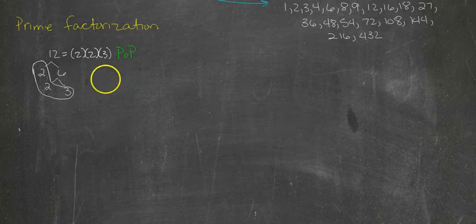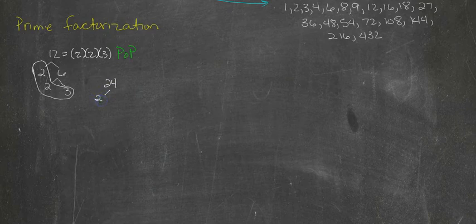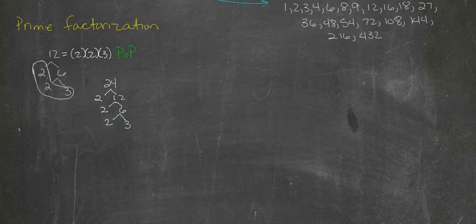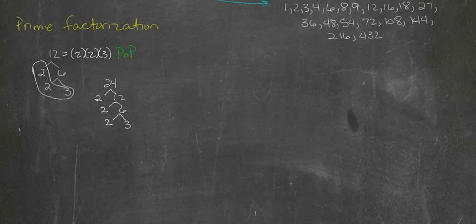So let's look at 24 now. Smallest prime, not 1, that divides 24 is 2, leaving 12, which divides by 2, leaving 6, which divides by 2, leaving 3. Now notice how I said that as I was going. Another reason for the hockey stick method is it teaches your brain how to do this without having to draw out the hockey stick.